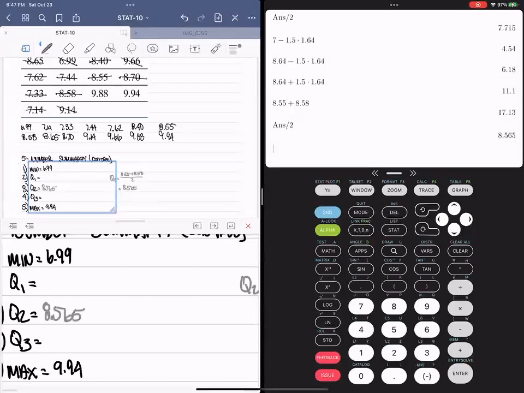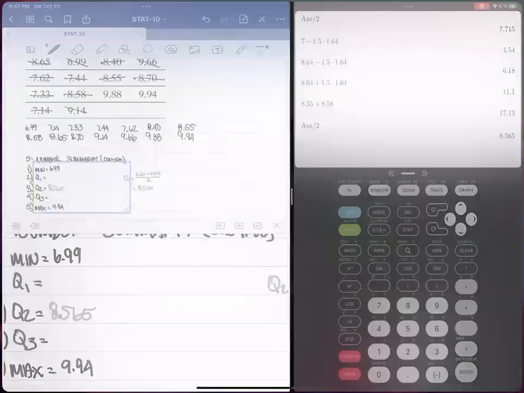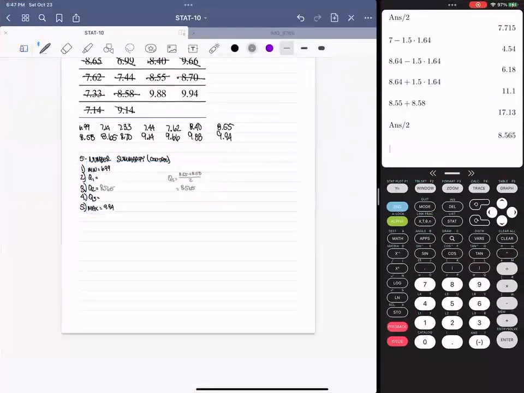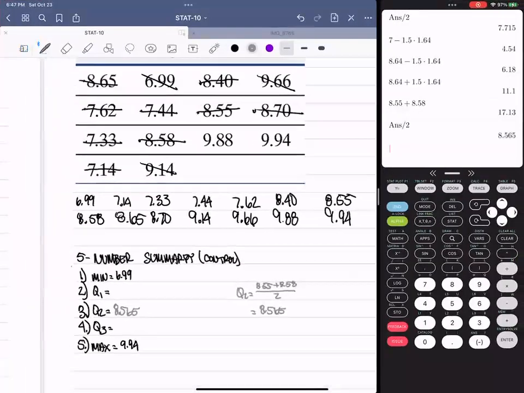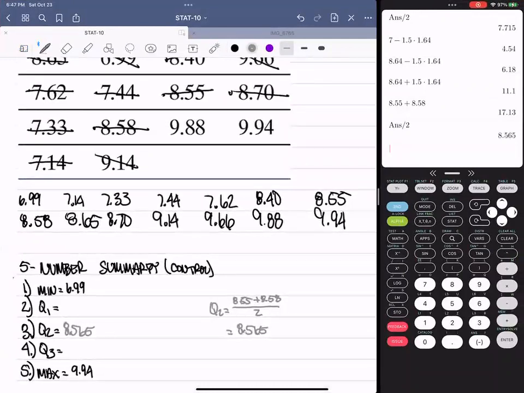8.565. And now Q1 is going to be the middle value of the lower half. Q3 is going to be the middle value of the upper half. So again, we got Q2 by figuring those 2 out, or the middle value of those two. And just like it was in the previous example, 1, 2, 3, 4, 5, 6, 7.